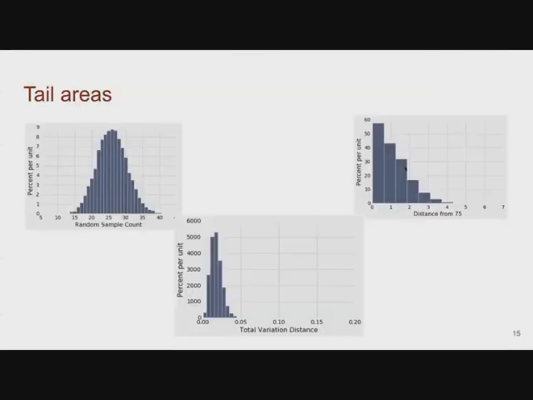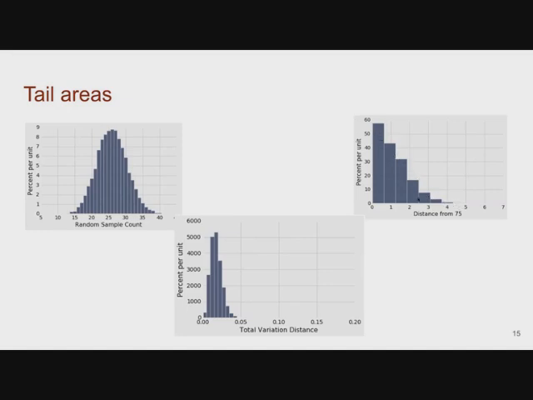When we started looking at the distributions of our simulations, we see that depending on the statistic, they all have a tail, right? For this random count, we actually have two tails on either side of the distribution. And for metrics dealing with distance, because we're taking the absolute value, we usually see one-sided tail distributions.